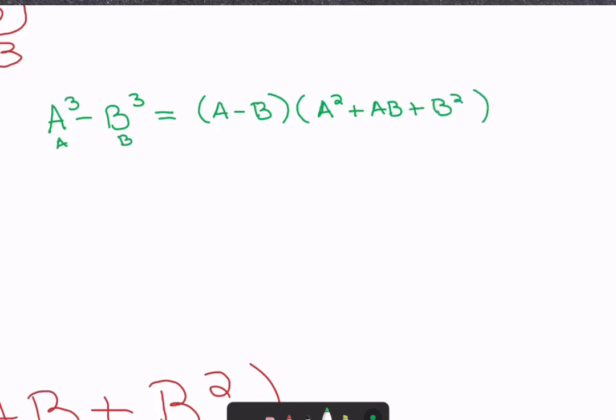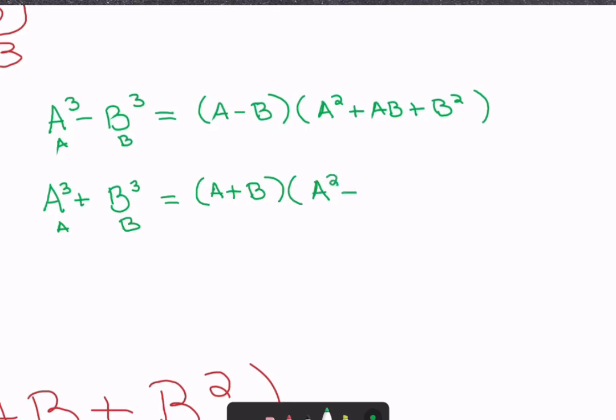That's the difference of cubes. Now, the sum of cubes, let me show you the difference between the two. The sum of cubes, you still take the cube root of each term, but the signs change over here. You're going to start with addition now. And then you have a squared minus ab plus b squared.